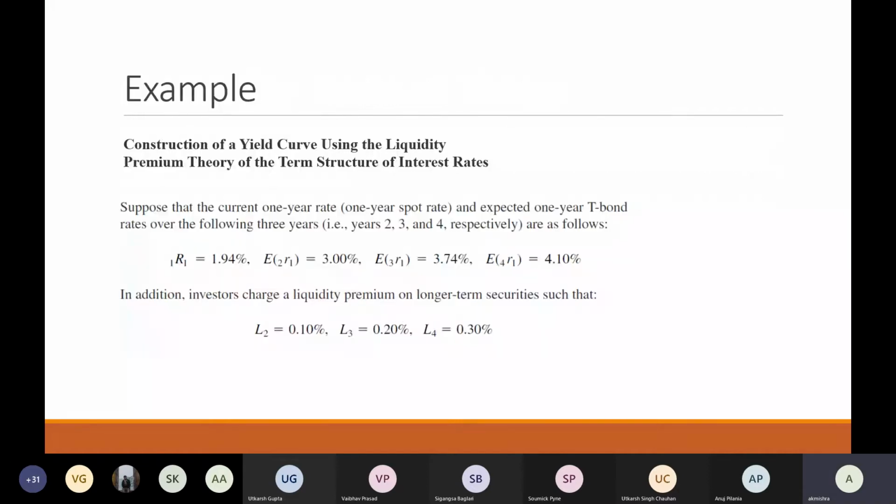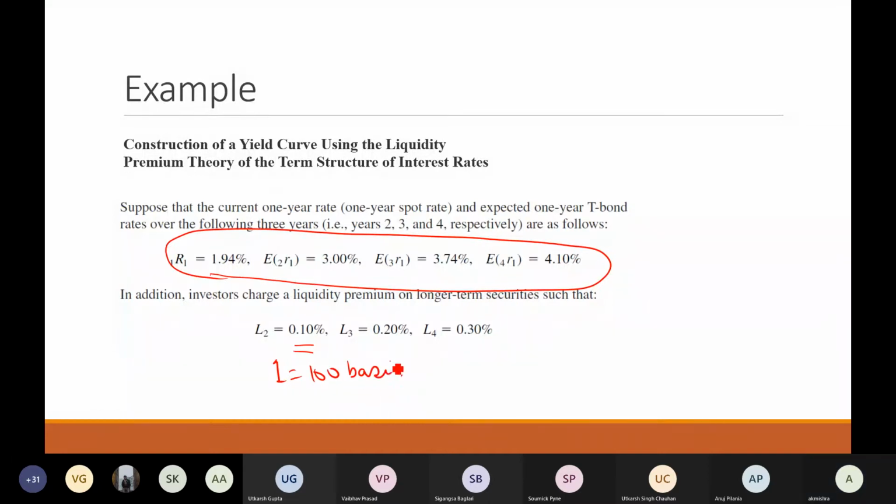And one example we will take, if you remember, this example we have already taken. These were the expected yields. But let's assume that in the second year, the investor demands 10 basis points of liquidity premium. Remember, 1% is equal to 100 basis points, or in short we write BP.